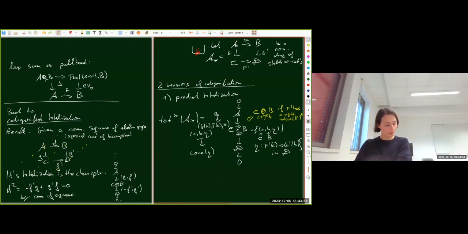The fact that D squared is equal to 0 means that the cone of an equivalence is 0, which anyone who knows triangulated categories will know to be true: the cone of an equivalence is a 0 object. So that's the product totalization.